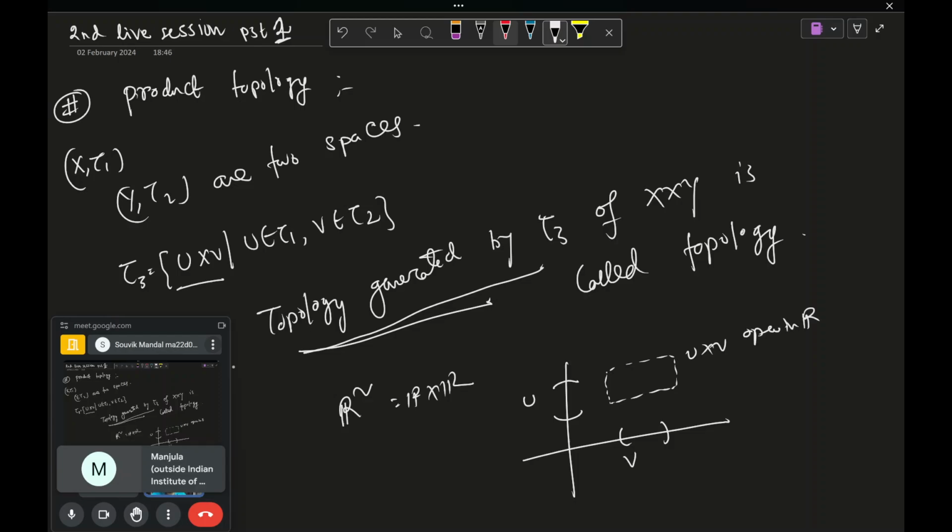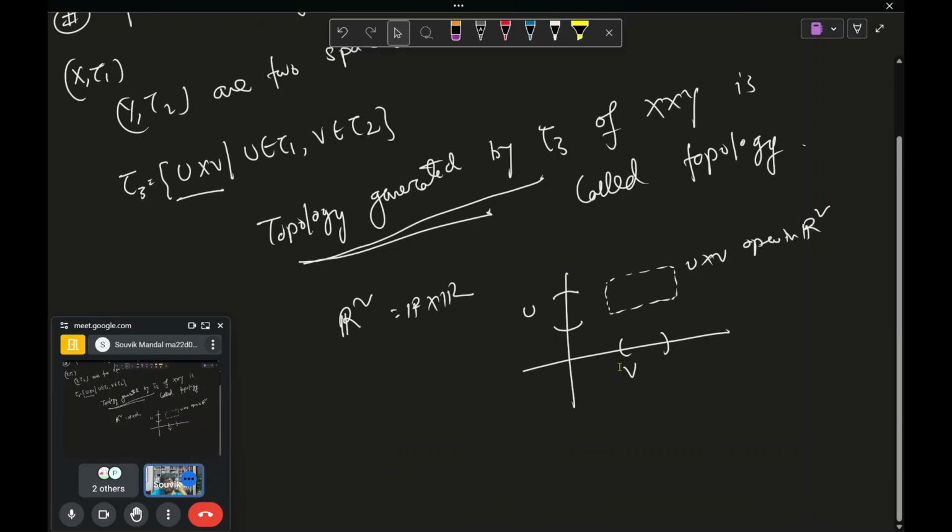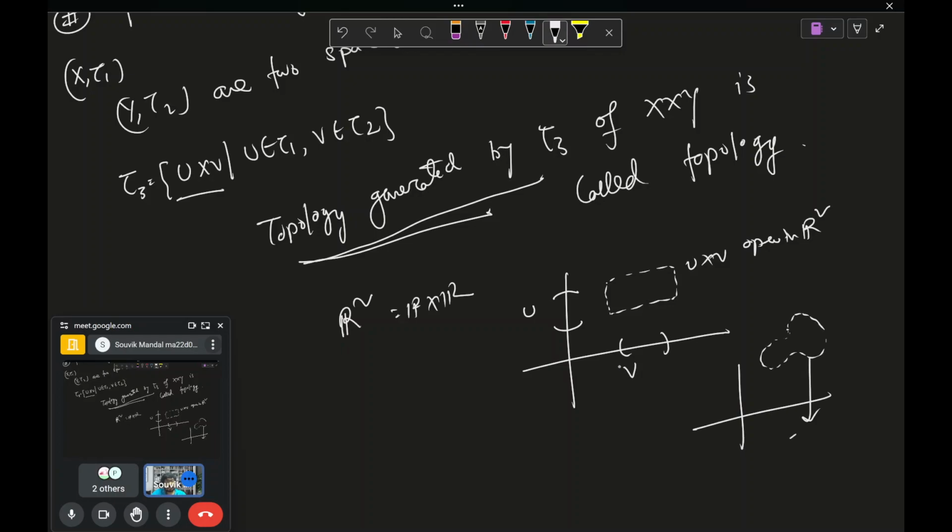But not all open sets of R2 are of the form U cross V. For example, this is an open set in R2, but it is not of the form U cross V. So that's why we don't directly declare that all U cross V are open. We declare the topology generated by the sets of the form U cross V to be called the product topology.